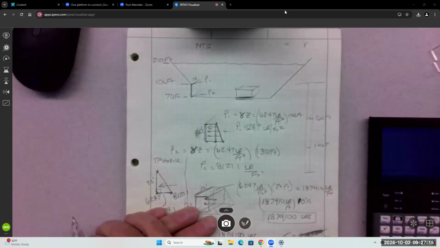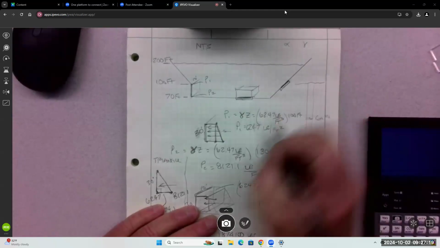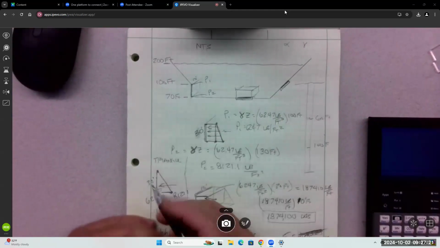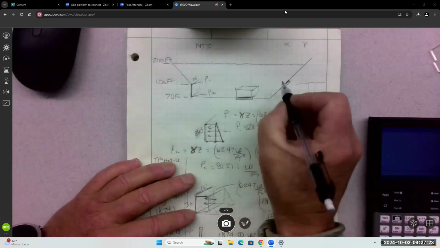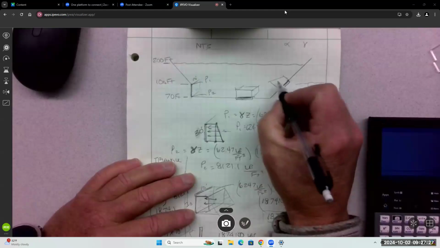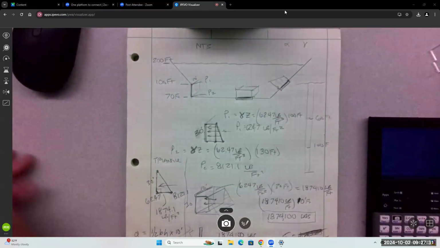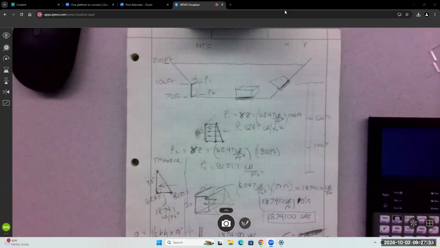But what if the plate was here? More complicated, but really very similar to this one in that you have a pressure here, a smaller pressure here, and you develop the same kind of thing.